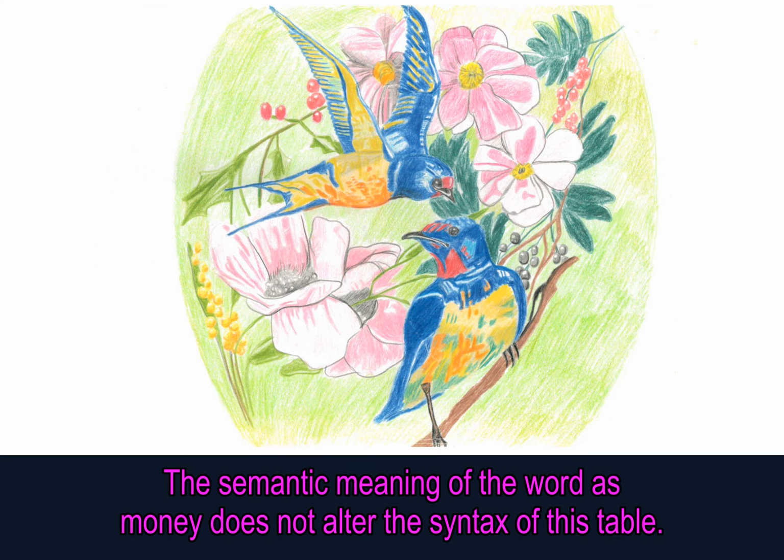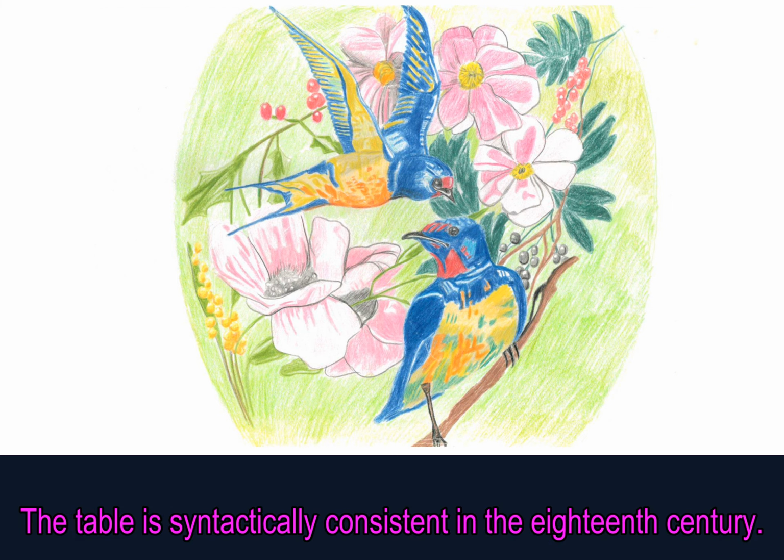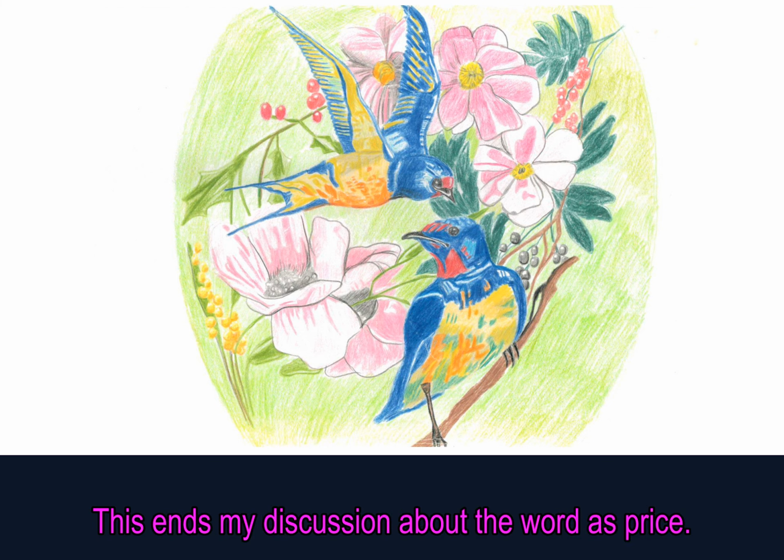The semantic meaning of the word money does not alter the syntax of this table. It does not alter the syntactical meaning. The table is syntactically consistent in the 18th century. This ends my discussion about the word price.